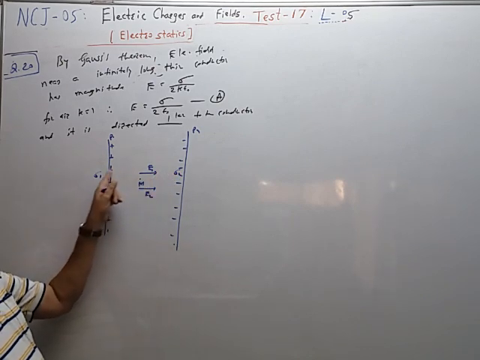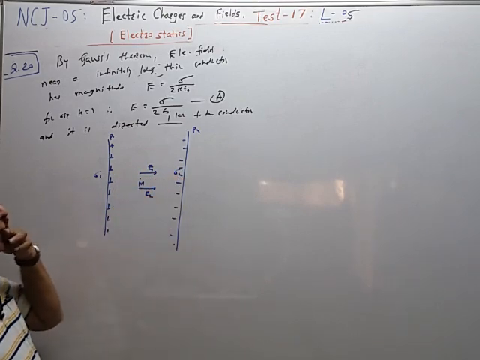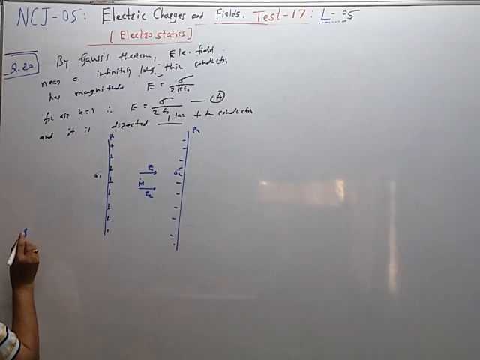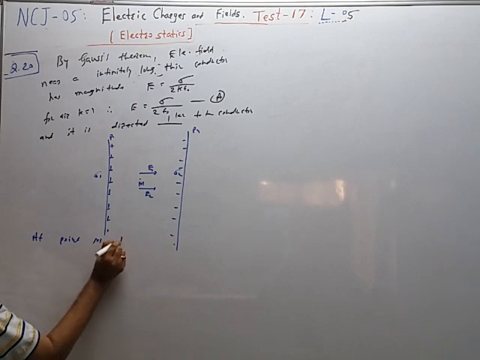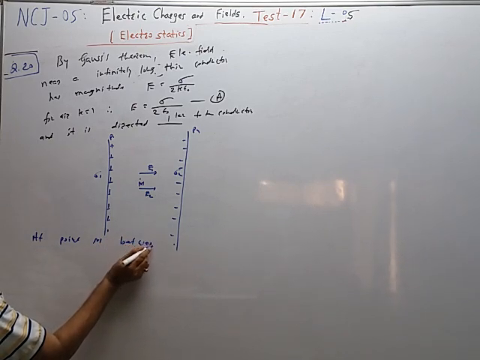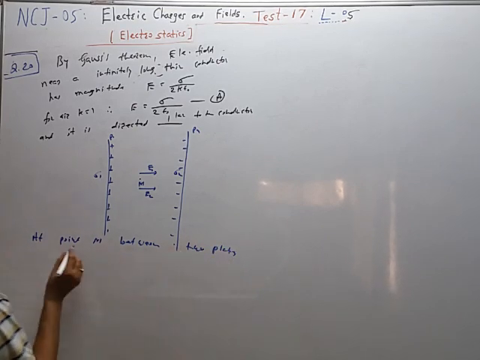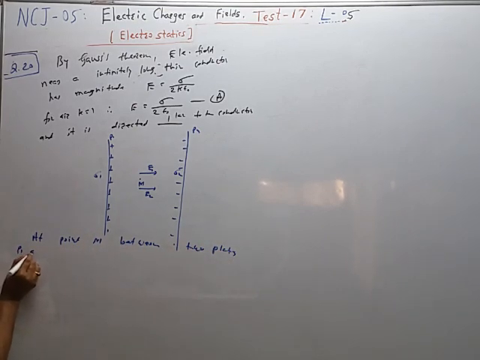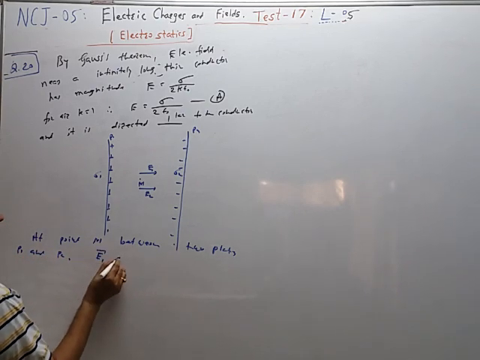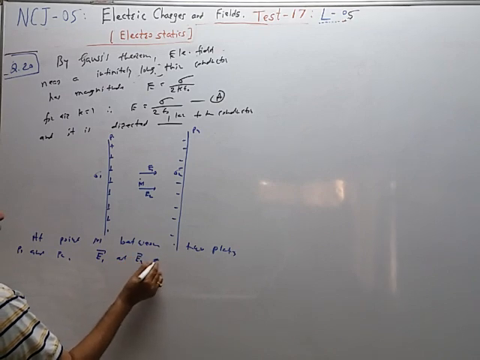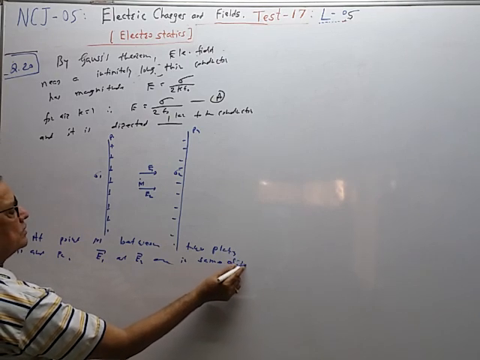Because electric field is directed away from positive charge, and electric field is directed toward the negative charge. So E2 is directed like this. So at point M between the two plates P1 and P2, E1 and E2 are in the same direction.